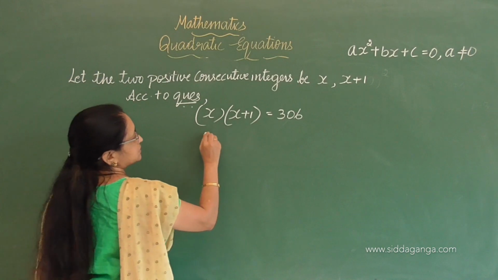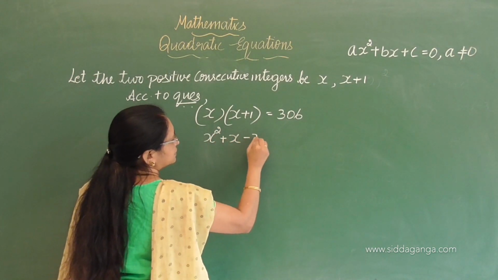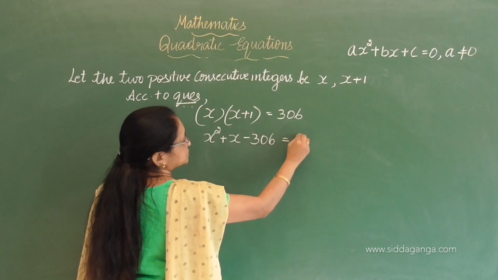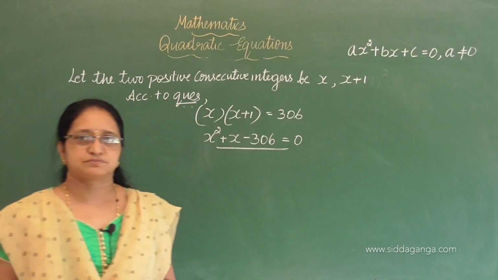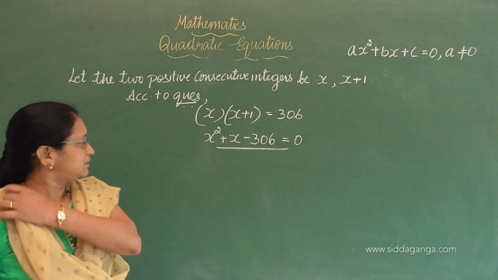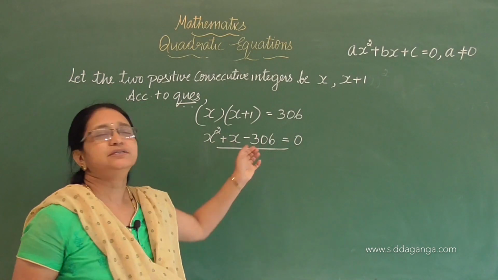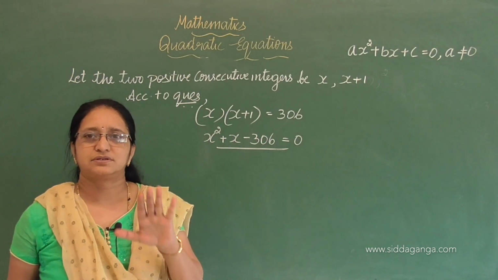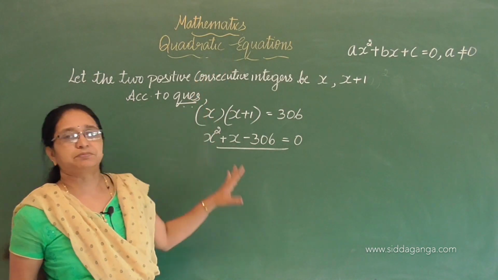Now, x into x square plus x, then I will just transpose this. So, this represents the quadratic equation. Okay, this is very simple, and let us learn how to solve this in the next class. Now, I think you got an idea what we are actually doing in this chapter.